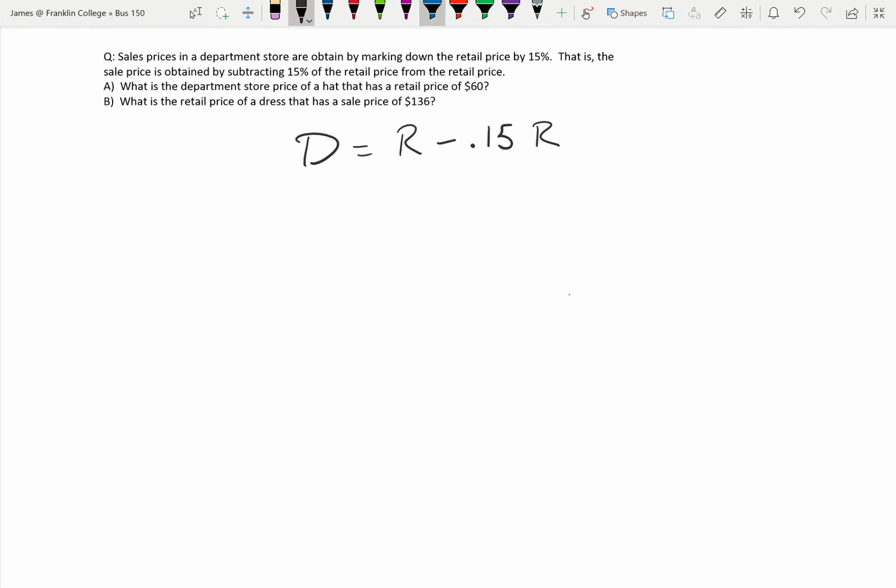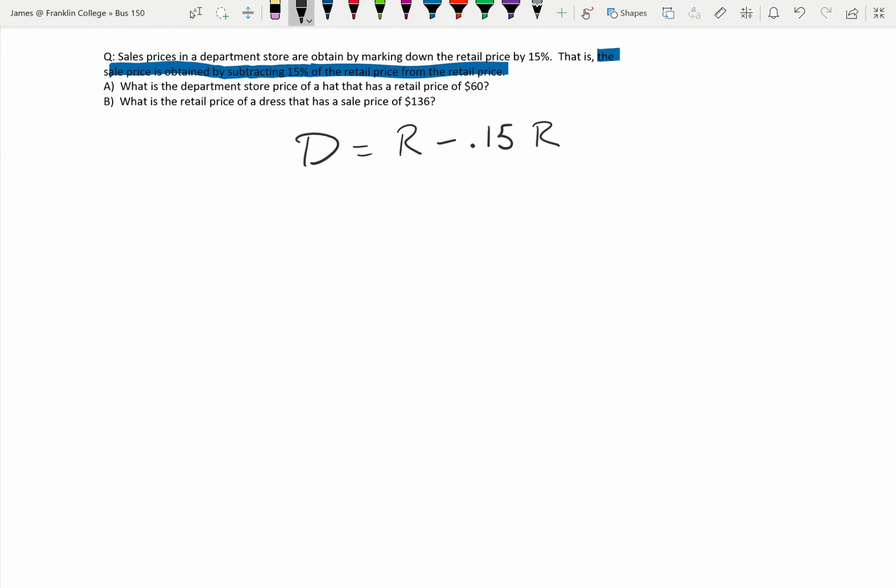And I got that from this statement right here: subtracting 15% of the retail price from the retail price gives us the department store sale price.